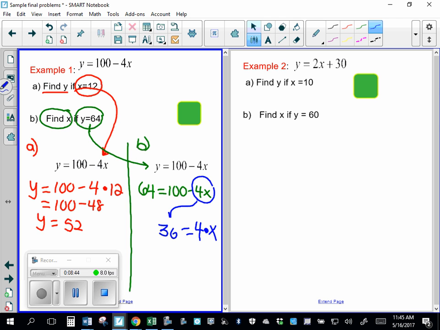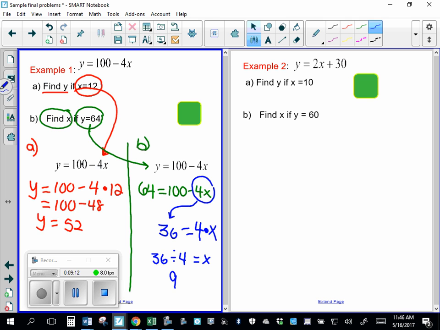So the number that is multiplying by 4 has to multiply by 4 to get to 36? Yeah, the number that you multiply by 4 has to give you 36, so the opposite of multiply is divide, right? So we know x, like Z said, is 9. Okay, do you guys think you could try that for example 2?